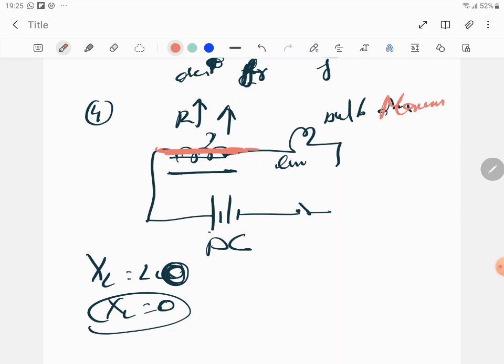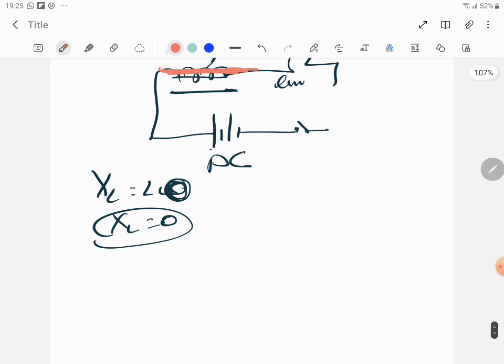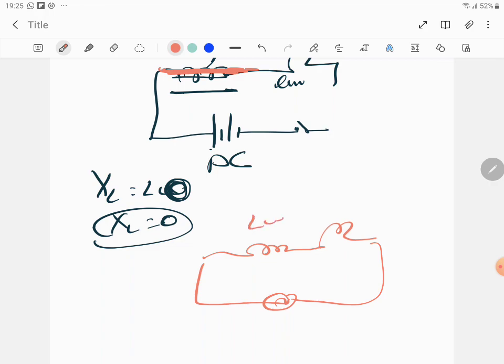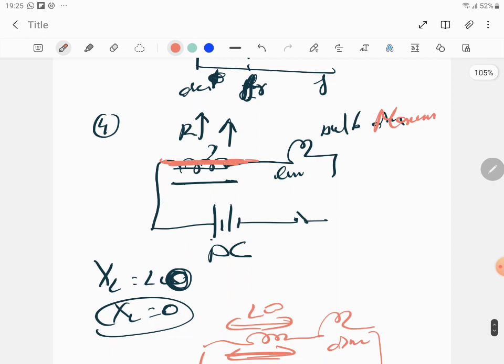But when you connect the same circuit to an AC source, you will have L omega, which will offer some impedance, so some voltage drop will be across the inductor itself, and the bulb will start growing dim. Are you clear? Do you understand that an inductor behaves like a simple wire when you connect it to DC? Why? Because XL is equal to L omega, omega itself is 0, so it's not going to offer any resistance.